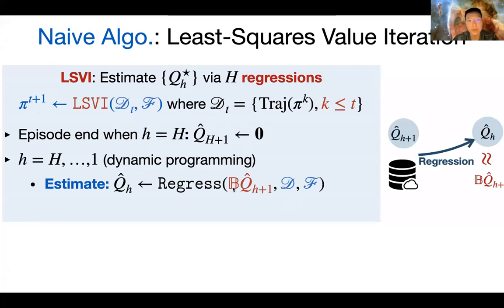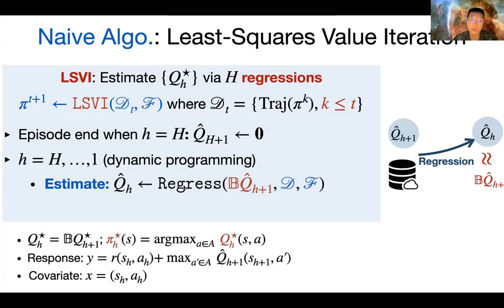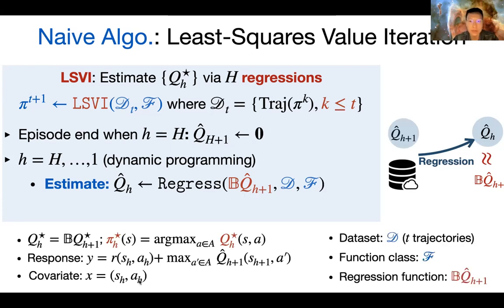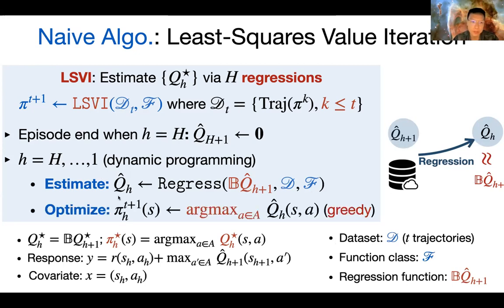So starting from here, we solve a regression problem to estimate the right-hand side of the Bellman's equation. In this regression problem, both the response and the covariate are obtained from the current data set. The regressor is given by the function class we use, and the regression target is the right-hand side of the Bellman's equation. After having the point estimator, we will just get an updated policy using the greedy policy with respect to the point estimator.